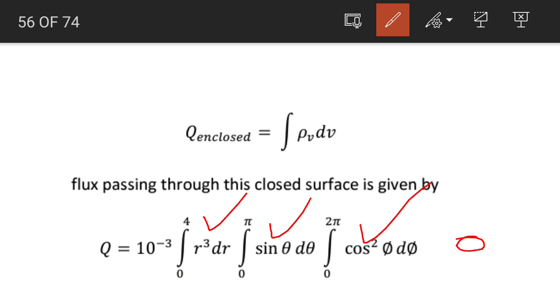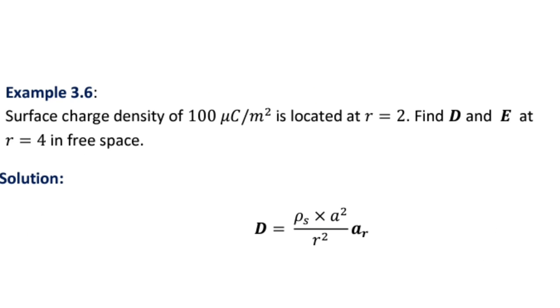So the integration of the last term will be phi by 2. Please integrate it and put the values on the right hand side, and you will get the charge inside the sphere, and the charge enclosed by the closed surface will be equal to the flux passing through this closed surface in the outward direction.